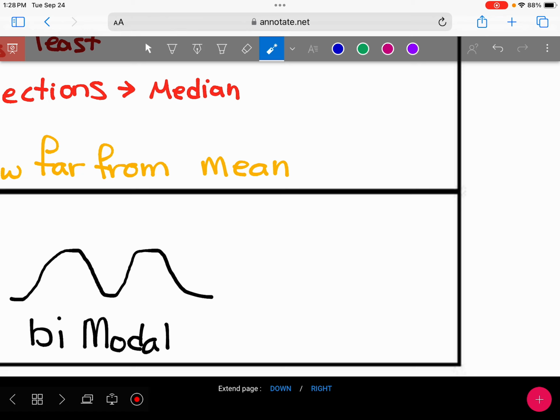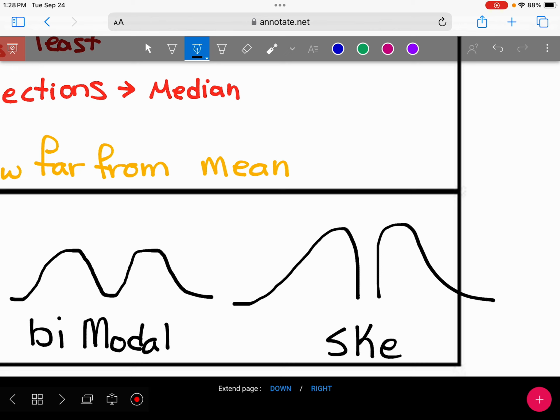Our last 2 are called skewed, and they can skew in different directions. Kind of looks like whales. So those are 2 different graphs. They are both skew.